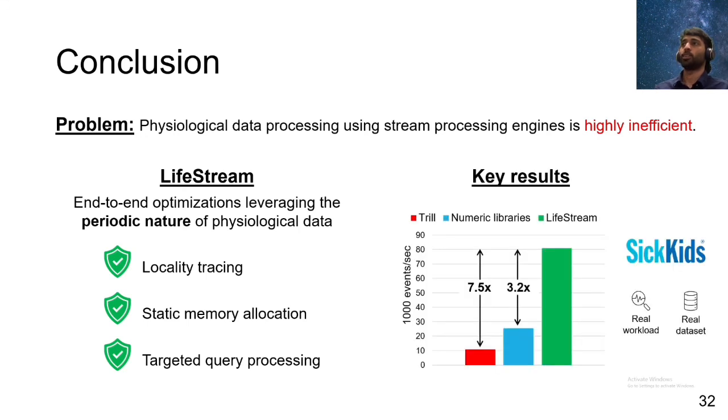We evaluate LifeStream using real workloads and real datasets collected from Sick Kids Hospital, and compared to Trill, a state-of-the-art stream processing engine, LifeStream achieves 7.5 times faster performance, and compared to hand-tuned implementations available in numerical libraries, LifeStream achieves 3.2 times faster performance.